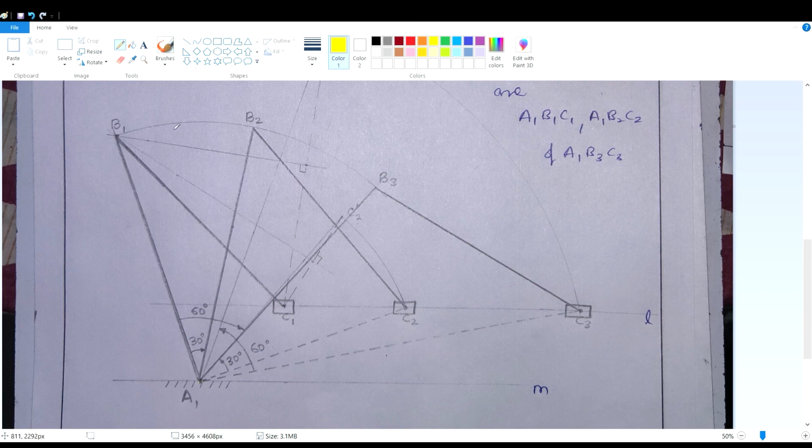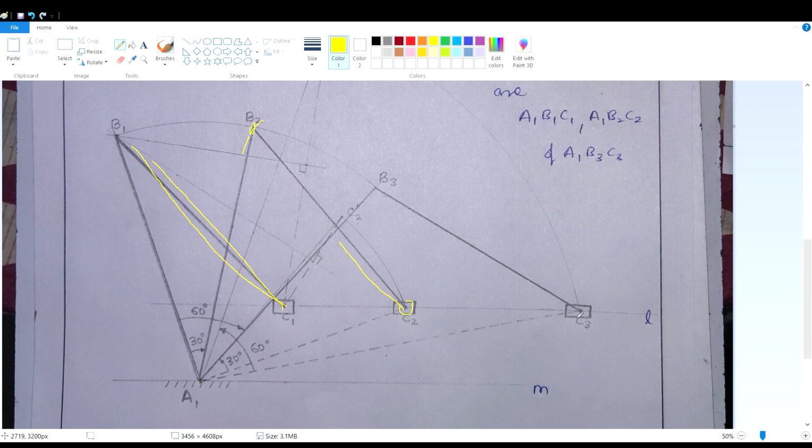This is the arc. For getting the second and third positions, we will take an arc having C2 as center and radius B1 C1. We will cut this arc and we will get the point B2.